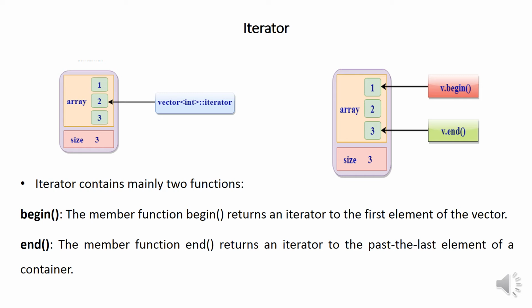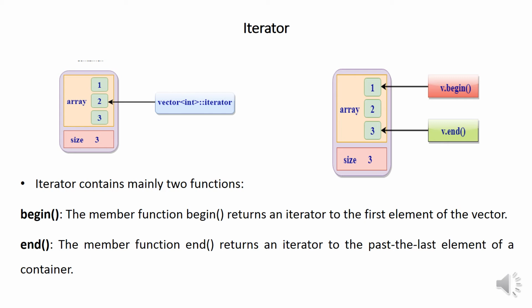Like that, the iterator is a pointer-like entity which will access elements from vector, set, multi-set, map, multi-map, etc. So iterators move sequentially from one element to another element, and this process is known as iterating through a container. So friends, here I have to take the example of array.